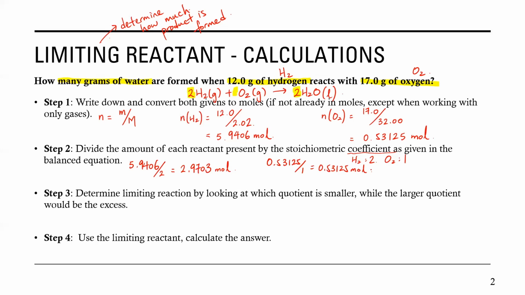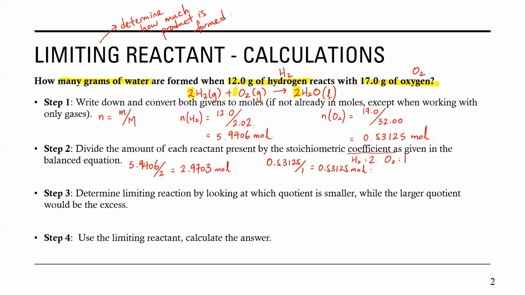But if hydrogen were to be the limiting reactant, I'm not saying that hydrogen is the limiting reactant, I'm just saying if it were to be, then 1 portion of hydrogen is 2.9703 moles. On the other hand, if oxygen were to be the limiting reactant, then 1 portion of oxygen is 0.53125 moles. That's very important because you need to use these values to find out the number of moles of products formed.